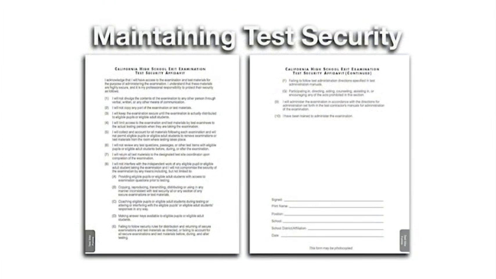You must read, agree to, sign, and return the CAHSEE test security affidavit to the test site coordinator before receiving any test booklets. By signing the security affidavit, you attest that you will protect the CAHSEE materials and thereby protect the integrity of the test.